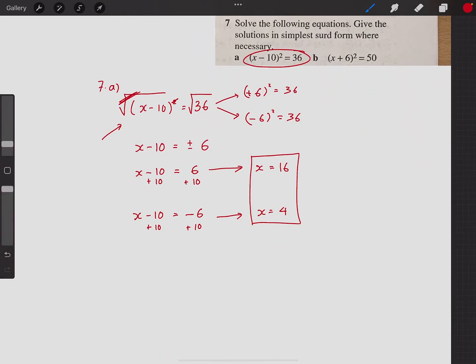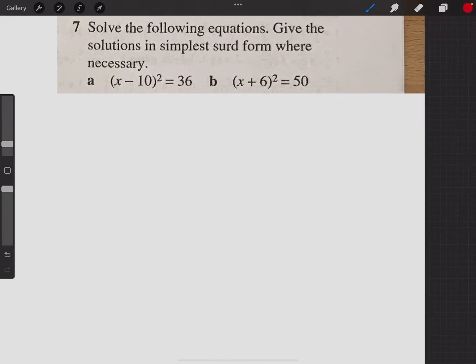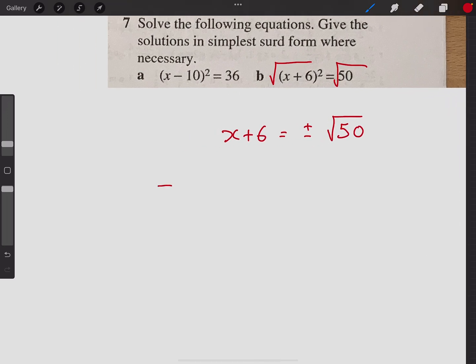Alright, let's do question B. So here what we're going to do is the square root of both sides, and you're going to get x plus 6 is equal to, remember, plus minus the square root of 50. Now if you remember your surds, square root of 50 is the same as the square root of 25 times the square root of 2. Square root of 25, that's just 5.